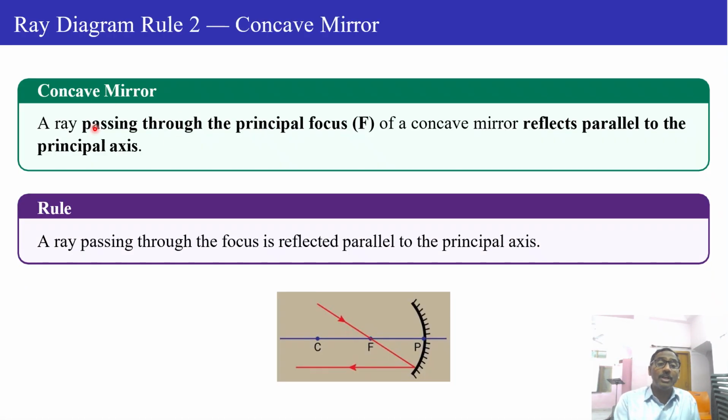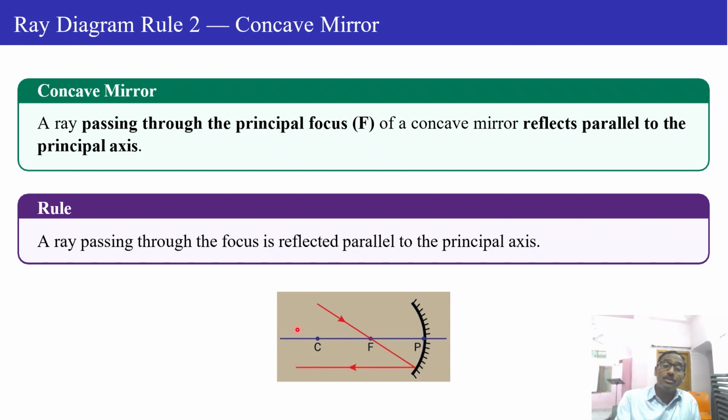For a concave mirror, a ray passing through the principal focus reflects parallel to the principal axis. So what is the rule here? A ray passing through the focus is reflected parallel to the principal axis.